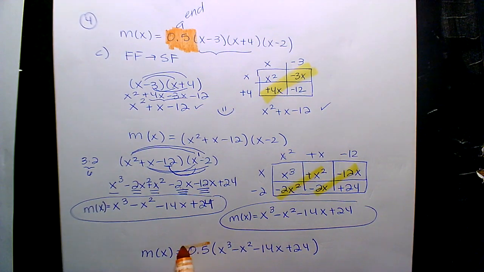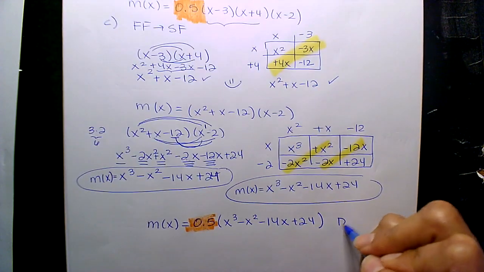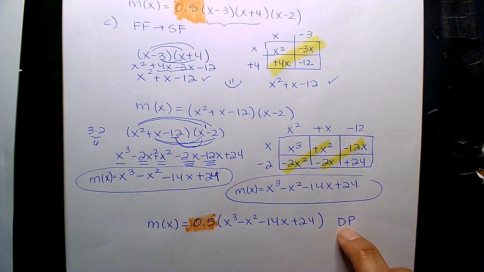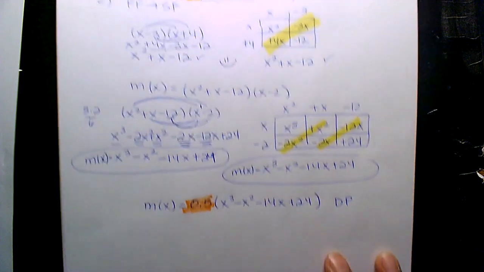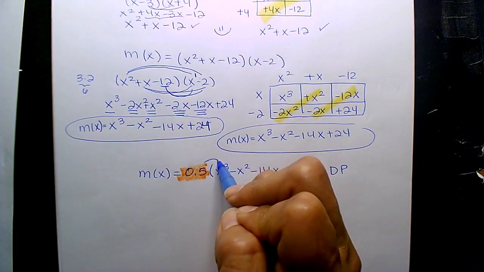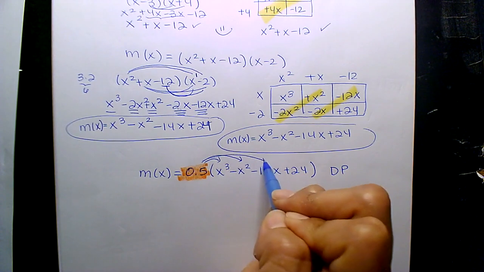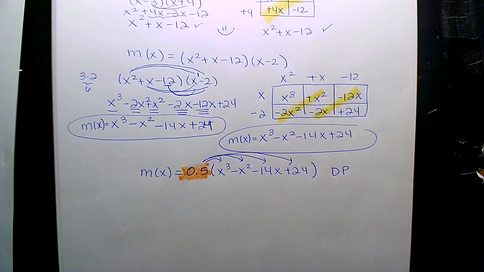You cannot forget about this, and so you have to distribute it. And I would just distribute at the very end, the distributive property. I would just expand it at the end. And so every term gets multiplied by that half, that negative 0.5. Or it's a positive 0.5.